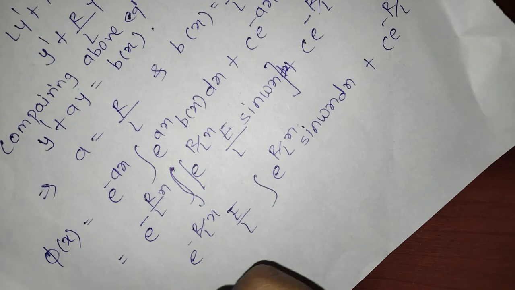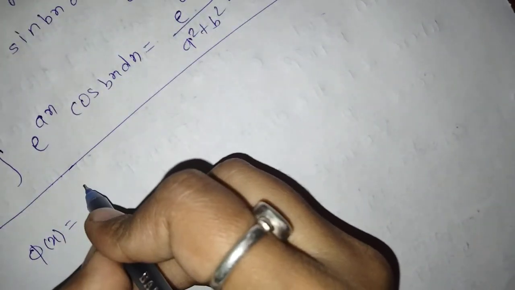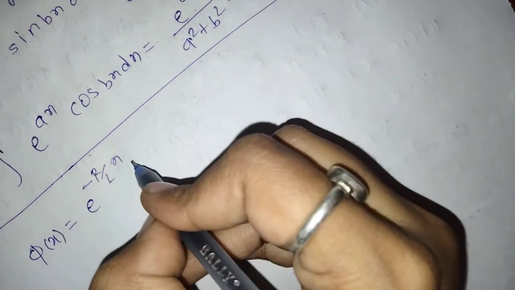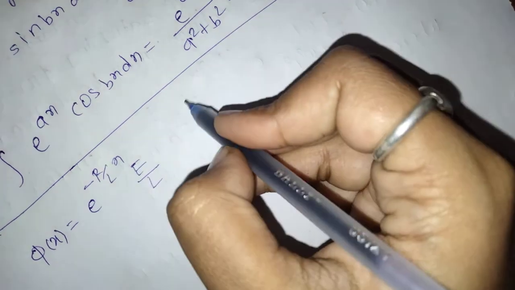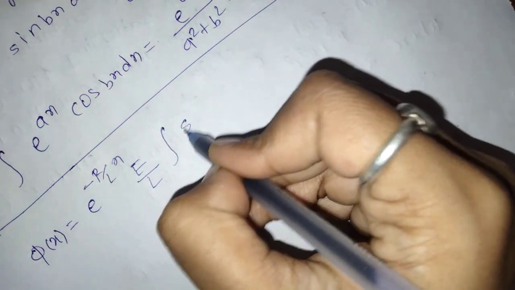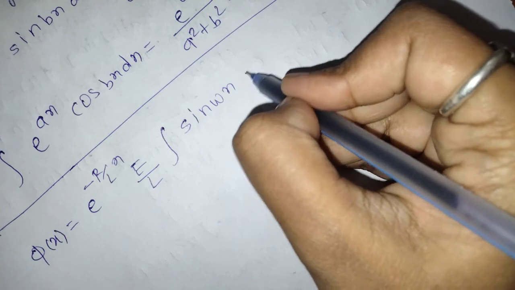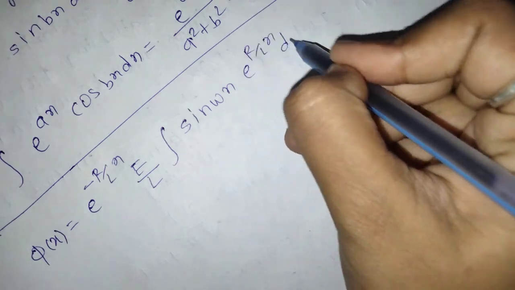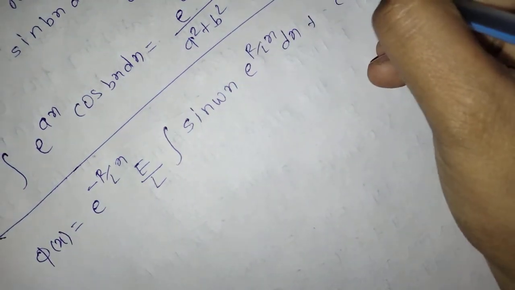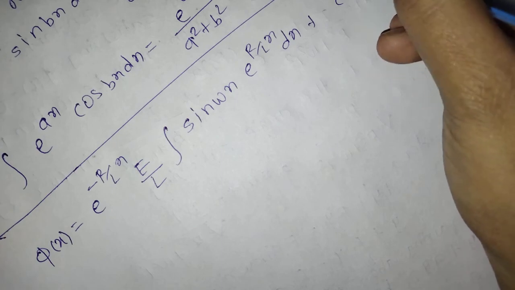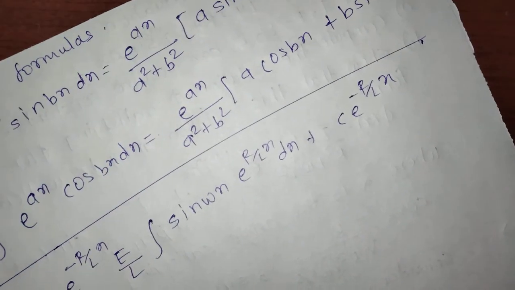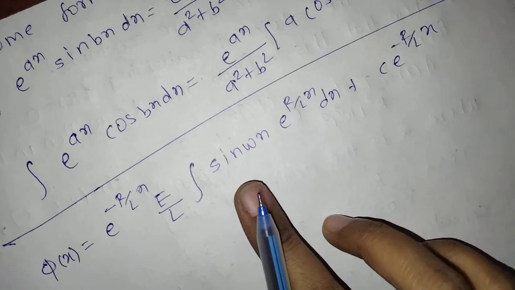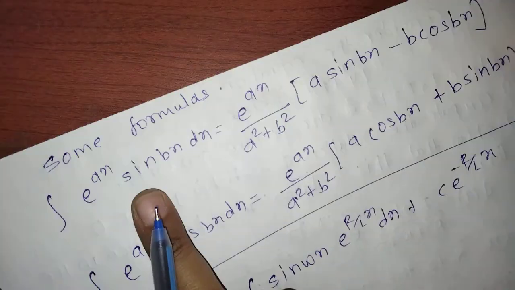Now we have phi of x is equal to e raised to minus R upon L x into E upon L into integration sin Wx e raised to R upon L x dx, plus c into e raised to minus R upon L x. Now you can see that this integration is in the form e raised to ax sin bx.